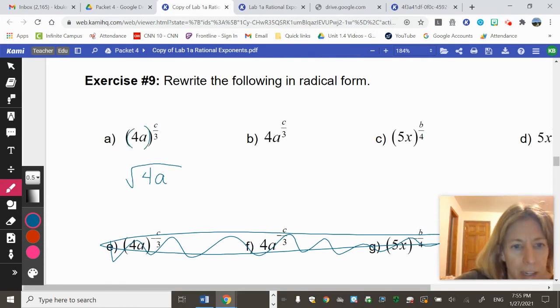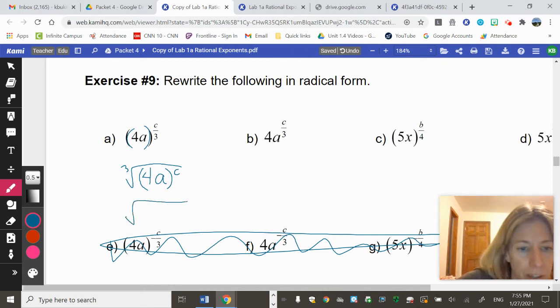Okay, and the power is C. All right, so in this case, if I write the power of C and it has to go with all that, I want to put parentheses around it still. I need the parentheses there. The power is C and the root is 3. Okay, the other way to write this, all right, is the root is C, the base is 4A.